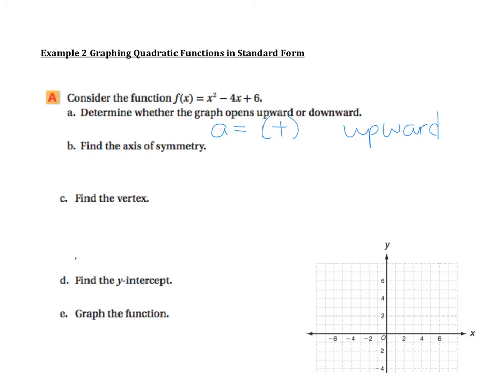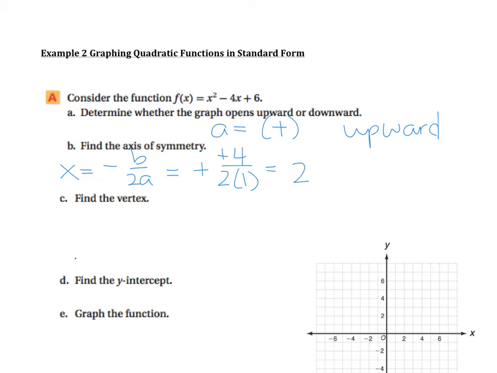Axis of symmetry, it's going to be x equals the opposite of b over 2a. So that's opposite of b, which is negative 4 over 2 times 1, which is positive now. 4 divided by 2 is 2.